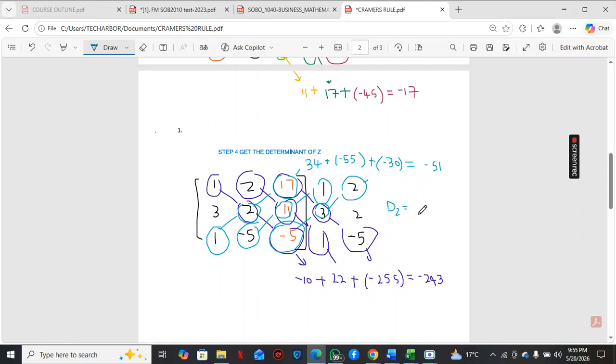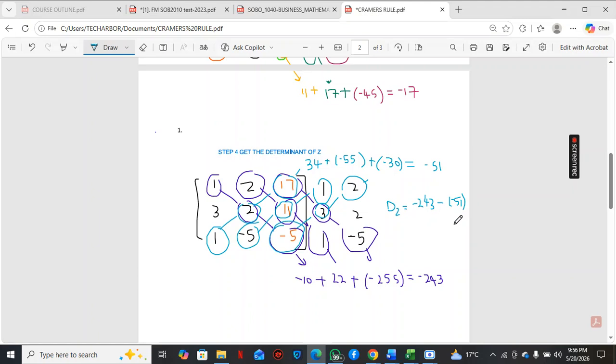Remember, the bottom number comes first. Negative 243 minus negative 51.